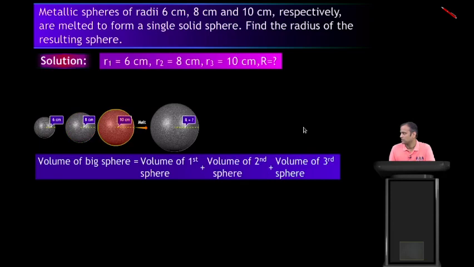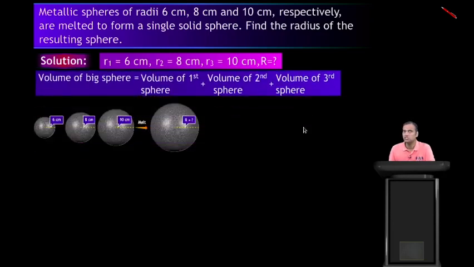Okay, now we can put the formula for each sphere. If we have to find the volume of the bigger sphere, do you know the formula to find the volume of a sphere? Yes, you already remembered all the formulas. Yes, very good. It is 4 upon 3 pi r cube.